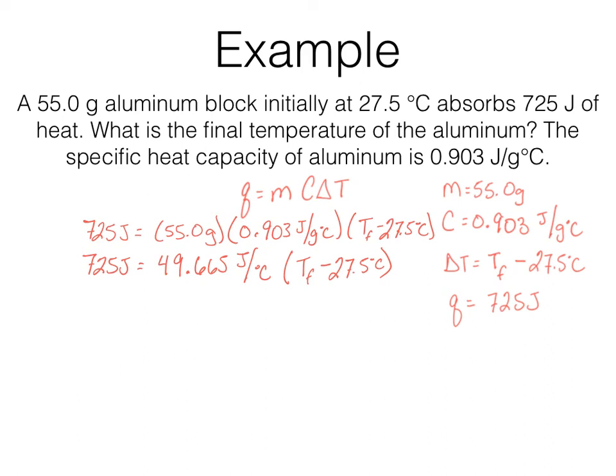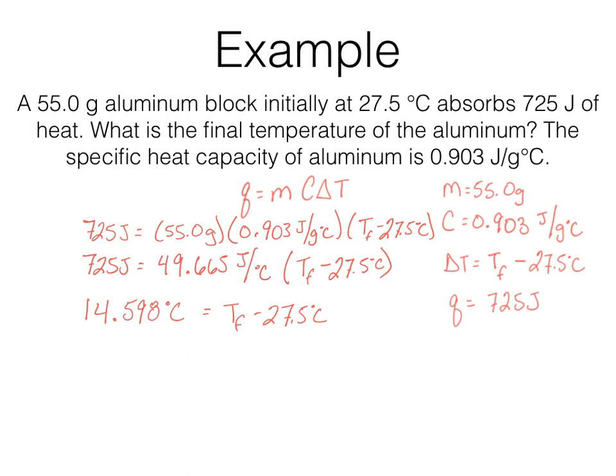So 725 divided by 49.665 is 14.598. And the units are going to be degrees Celsius, is equal to TF minus 27.5.